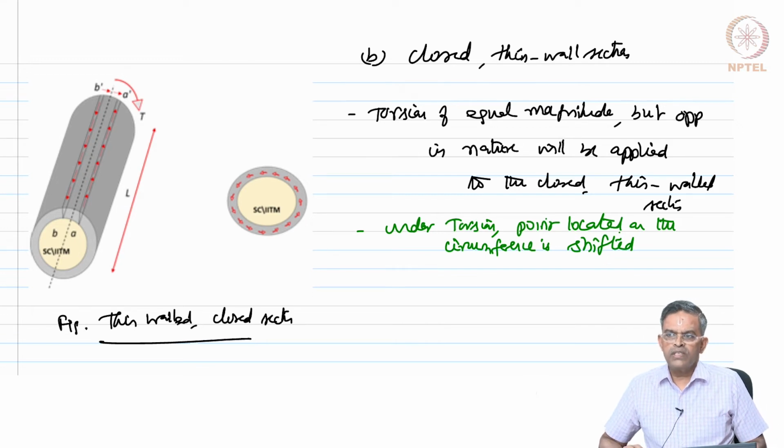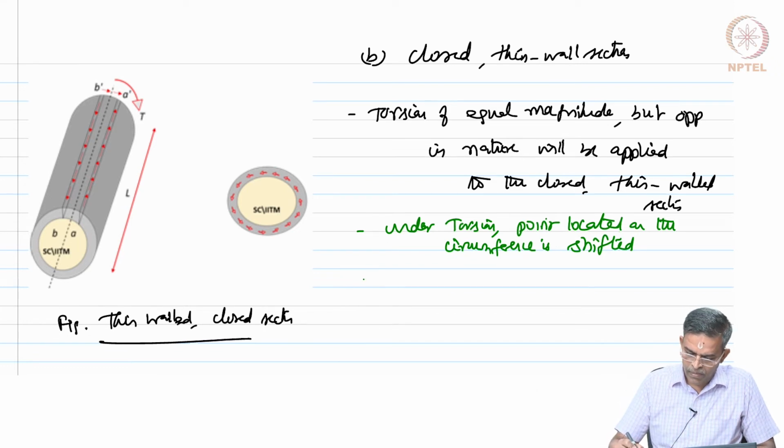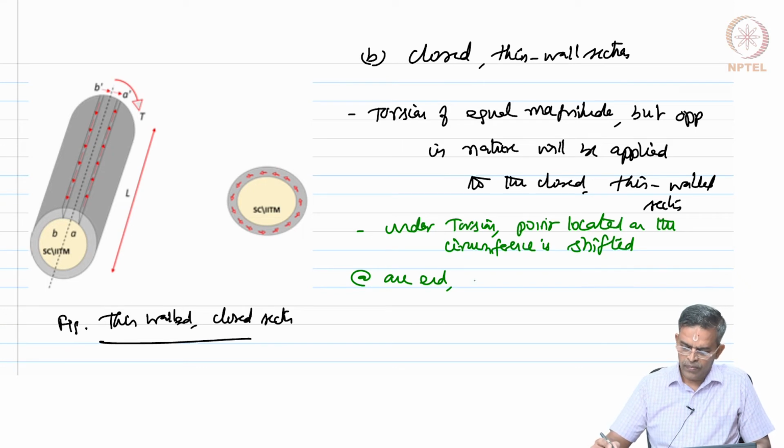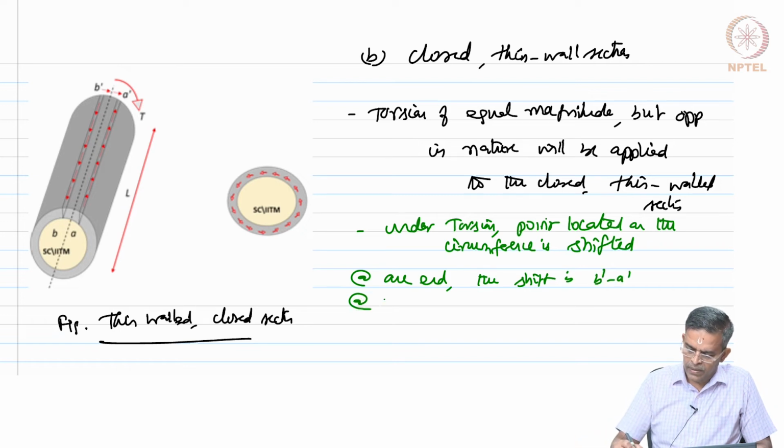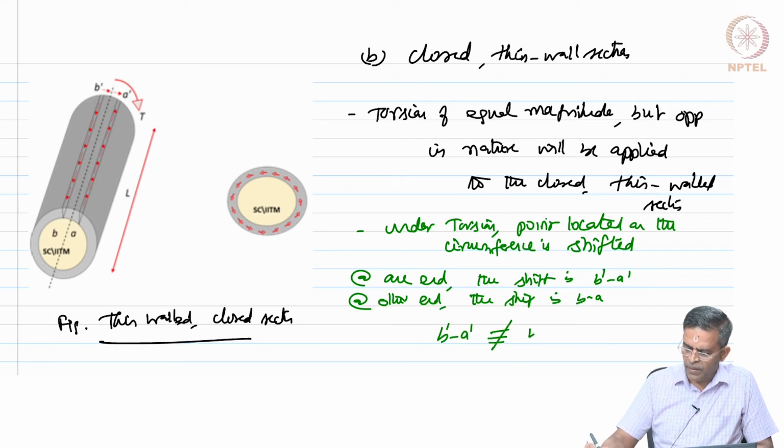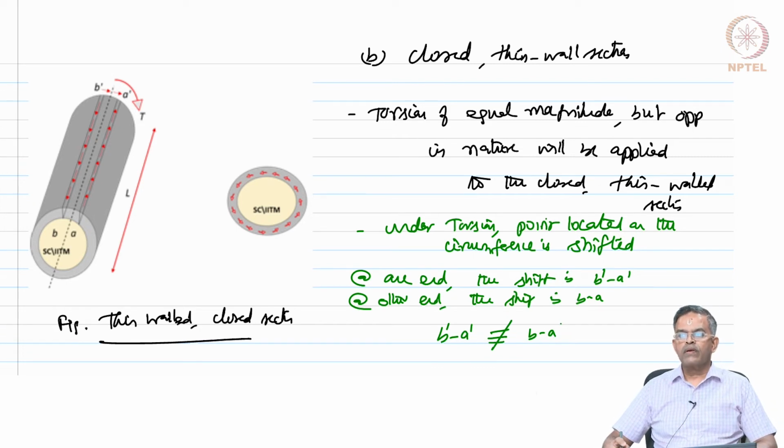The amount of shift is not same at both ends of the member. For example, at one end the shift is B dash A dash, at the other end the shift is B A. Now, the shift B dash A dash is not same as B A. They are different.